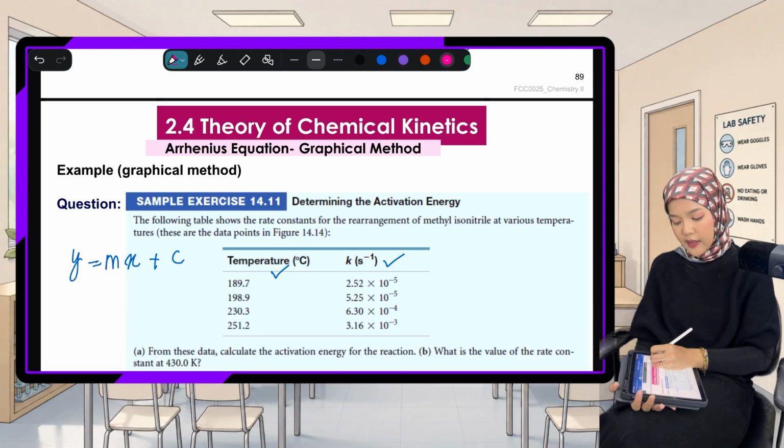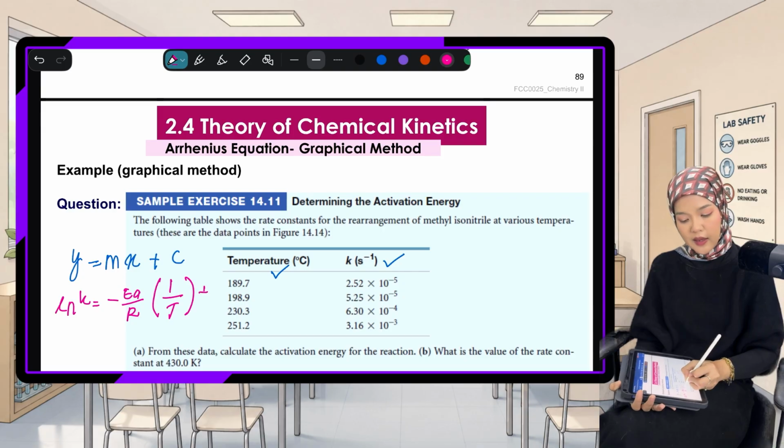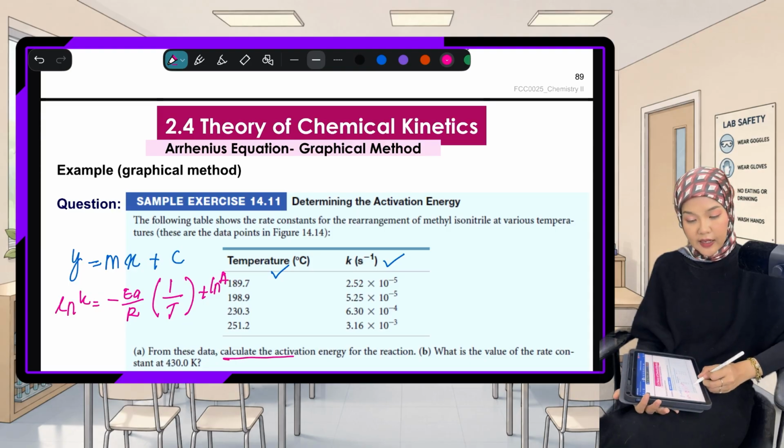So the y is going to be ln k, m is equal to negative Ea over R, x is 1 over temperature, and plus ln A. From this data, calculate the activation energy.